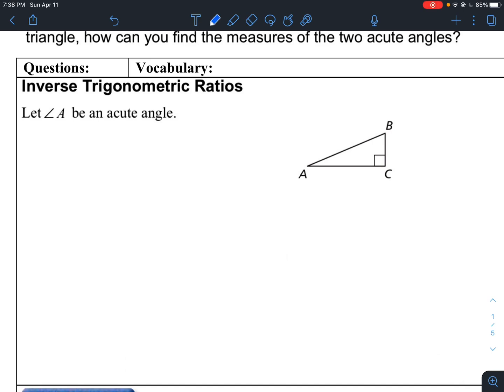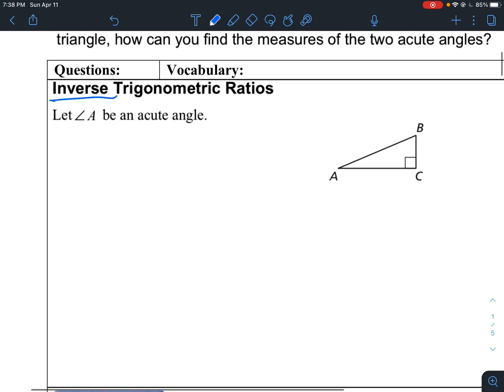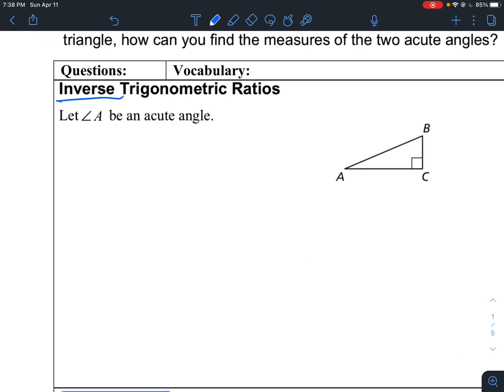But now we're going to use these trigonometric ratios to find angles, not side lengths, angles. So here's how you could use trigonometric ratios. We use what we call inverse trigonometric ratios, or in this case, you might hear them referred to as arctangents. So let's say we have inverse tangent.